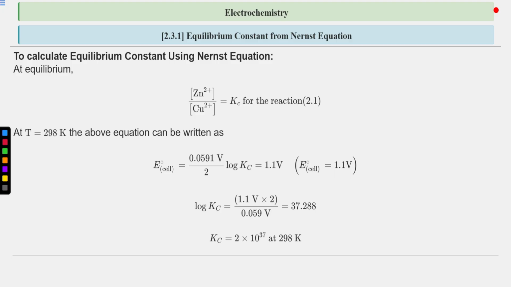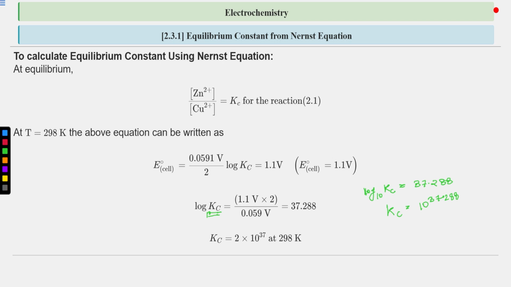From this you can derive Kc, since log base 10 is present. If log base 10 of Kc equals 37.288, you can write Kc equals 10 to the power 37.288. This is the logarithmic conversion.